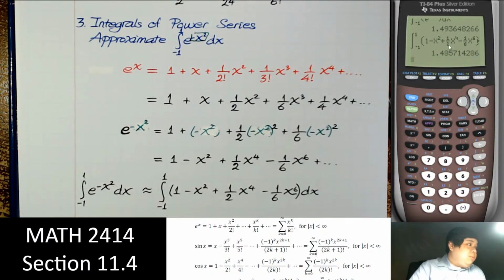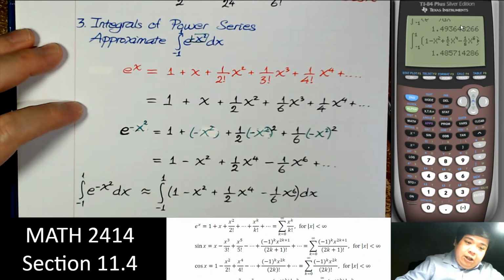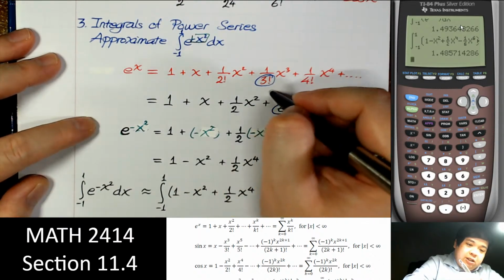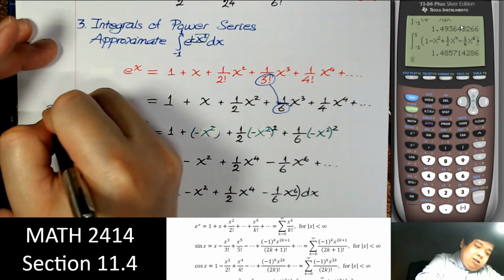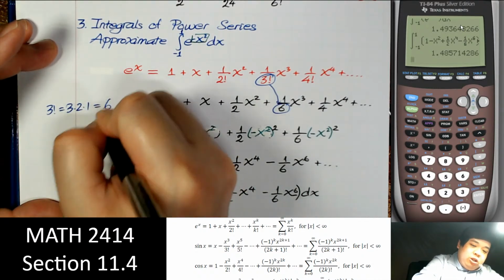As you see, yes, 3 factorial and 6 are equal. 3 factorial, 3 times 1 times 2, which is 6.